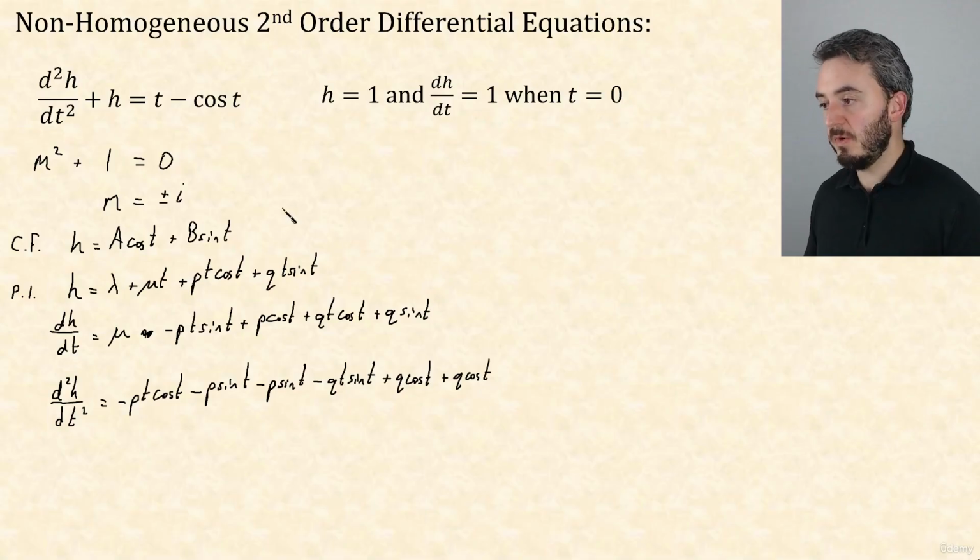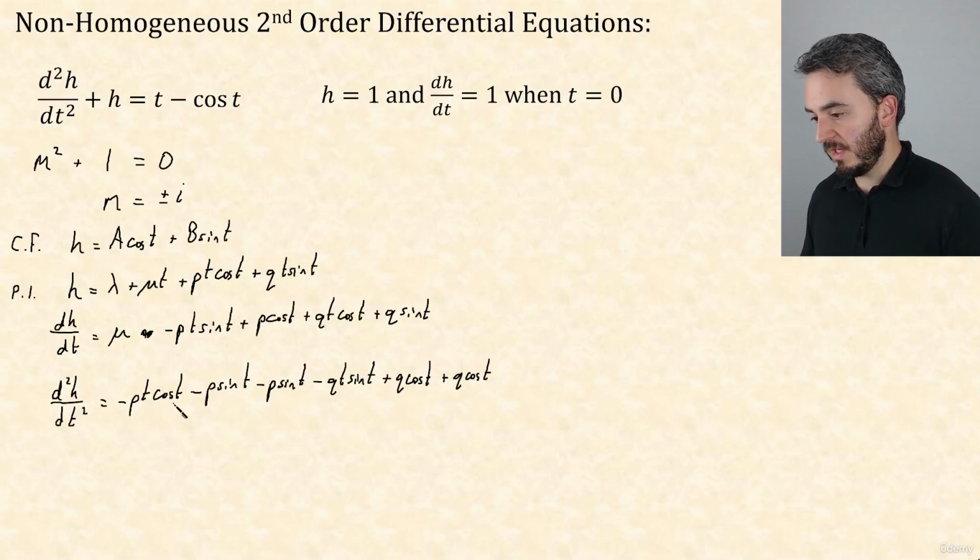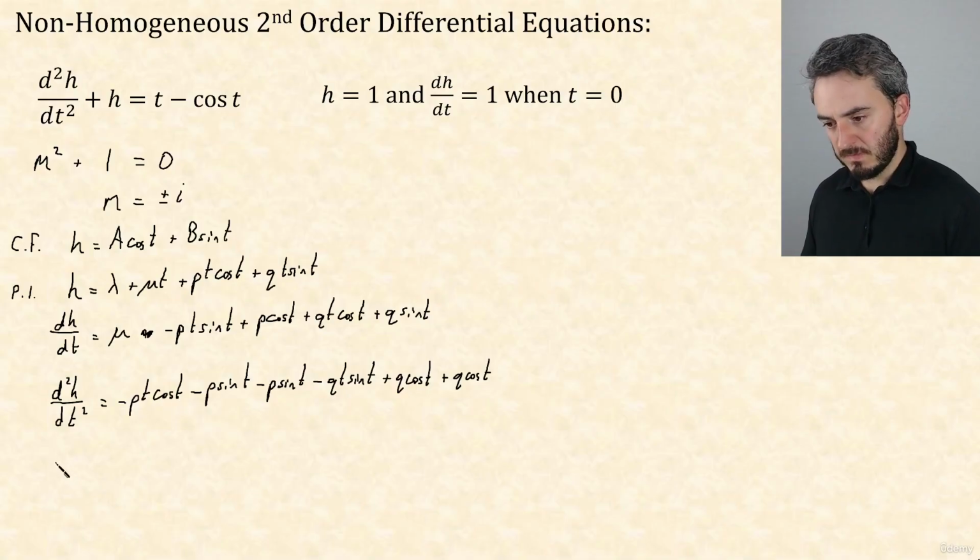Okay, so now we can piece this together and put all of this into here. So the second derivative, is there anything that we can cancel here? Well, not really. We've got a q cos t and q cos t, and a p sine t and a p sine t.